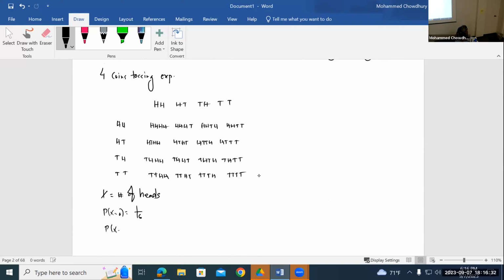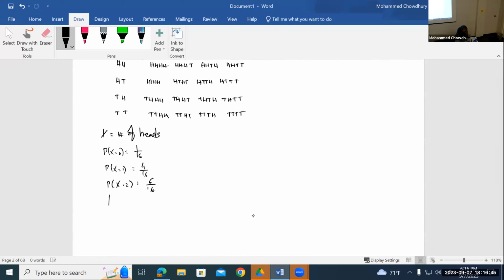Probability of X equal to 1, there are 4 over 16 sample points. Probability of X equal to 2, there are 6 over 16 sample points. And then probability of X equal to 3, 4 over 16 sample points. Probability of X equal to 4, 1 over 16.